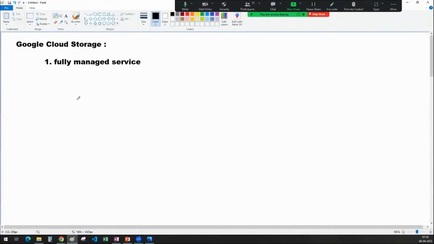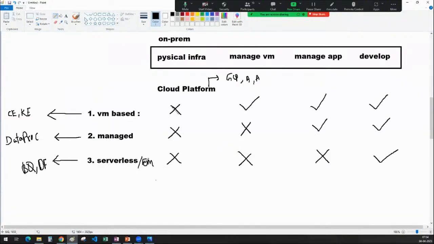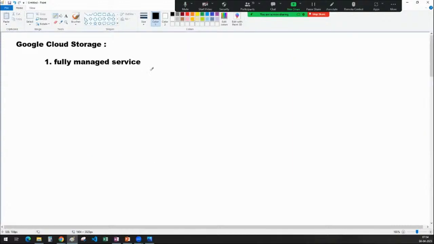What does that mean? When I say a managed service, all the infrastructure, the physical infrastructure as well as the virtual machines, will be taken care of by GCP.